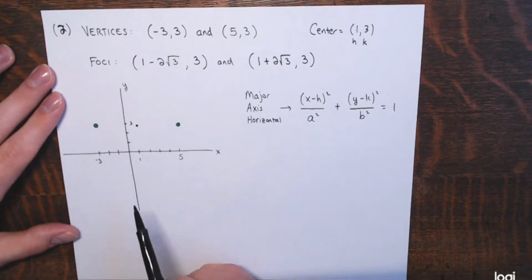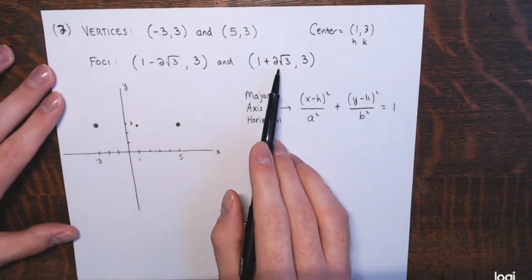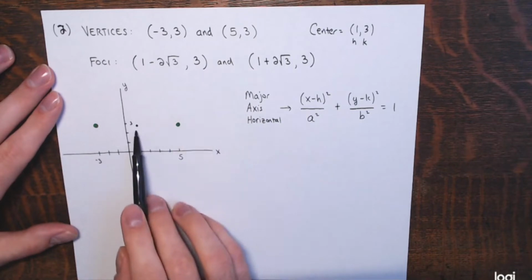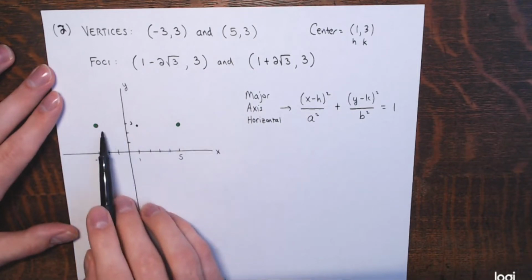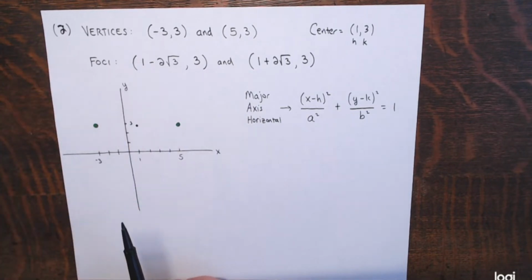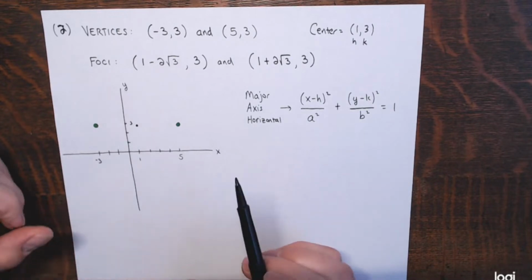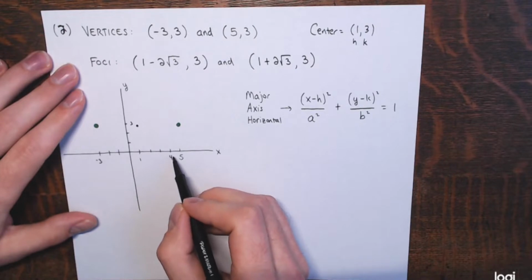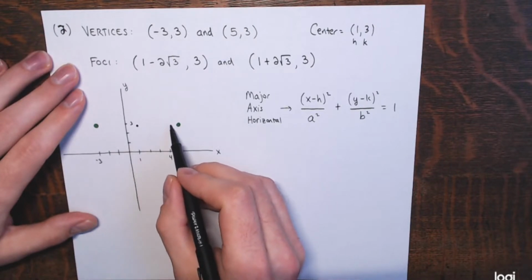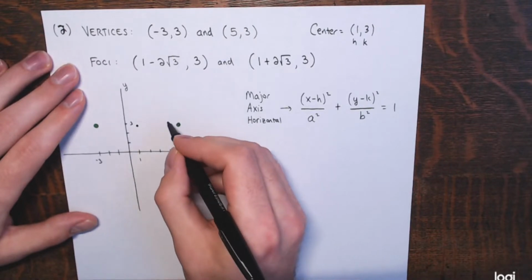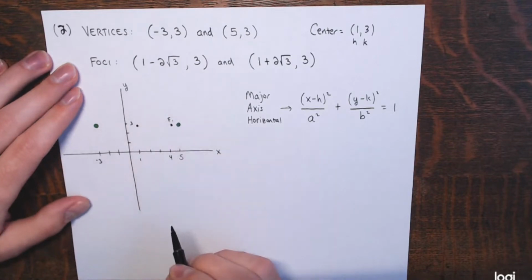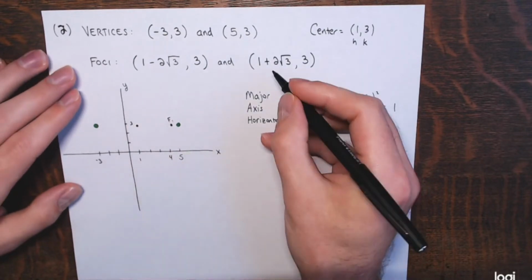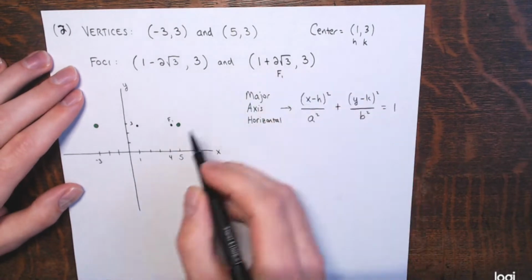All right, now the foci are at 1 plus the square root of 12 and 1 minus the square root of 12, comma 3. Right? 2 root 3 is the same as the square root of 12, which is between 3 and 4 units. So somewhere between 4 and 5 here is one focus. Right there, I'll just put F1 for focus number 1. That's the 1 plus 2 root 3, comma 3.